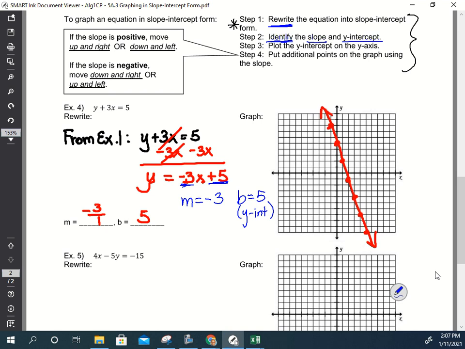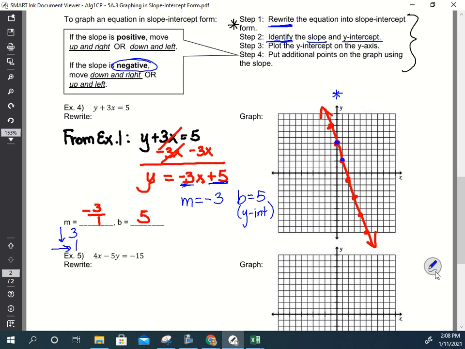Plot the y-intercept on the graph. Go to the y-axis. Put your first point on the 5. Since our slope is negative 3 over 1, our slope is negative. That means we move down 3 and to the right 1.